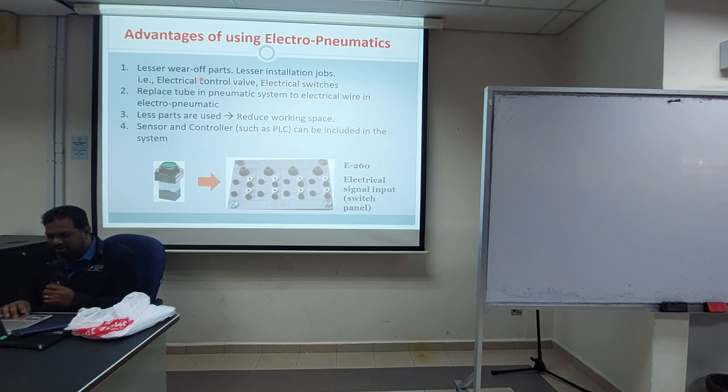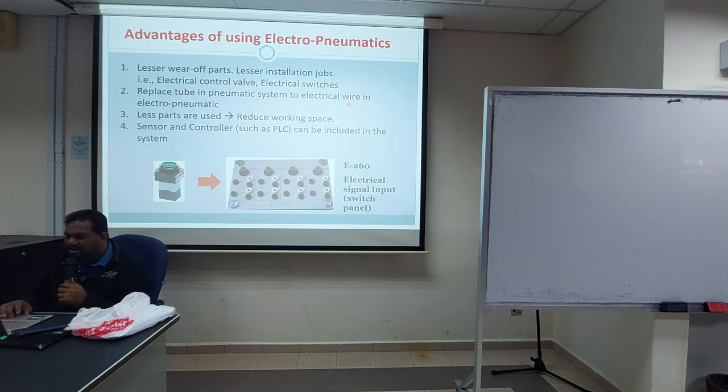So installation job pun akan kurang. Okay, so that's the first advantage. The second advantage is to replace tube in pneumatic system to electrical wire in electro-pneumatic. Sebab tube ni kadang-kadang dia bocor, dia tak sambung tu, but it's safe lah, but at times it can be troublesome.